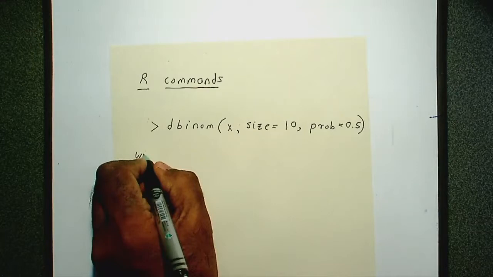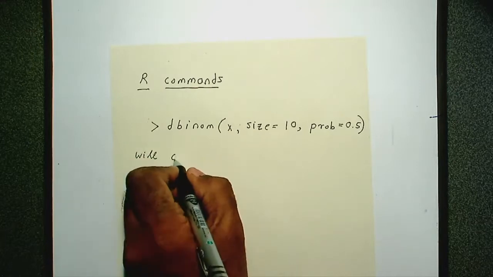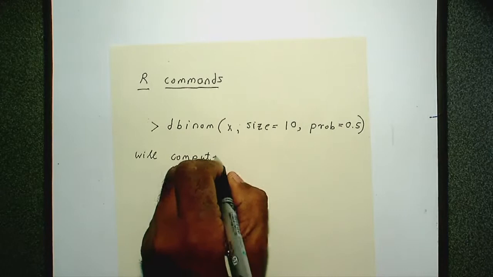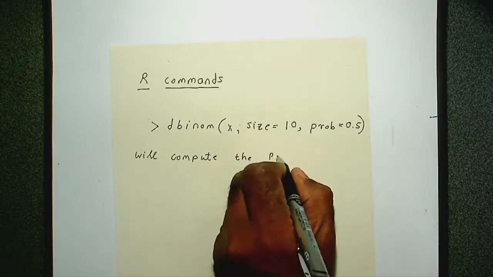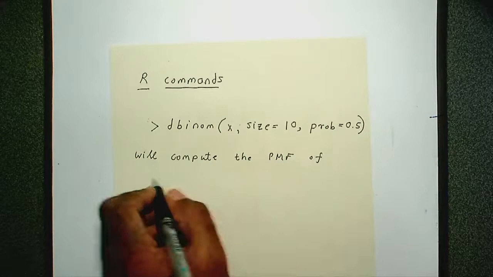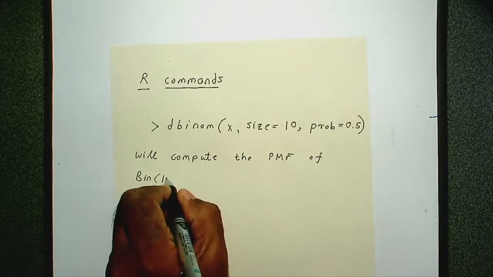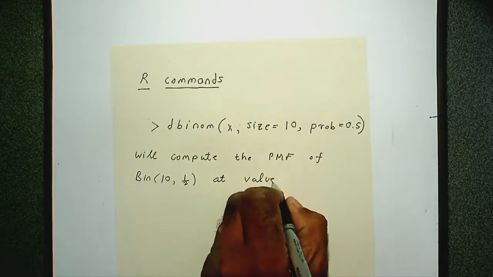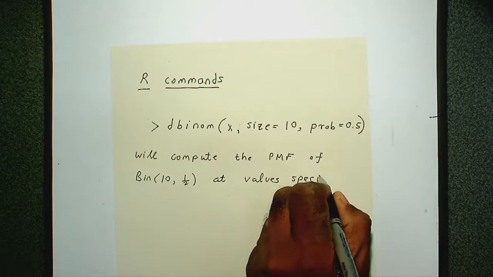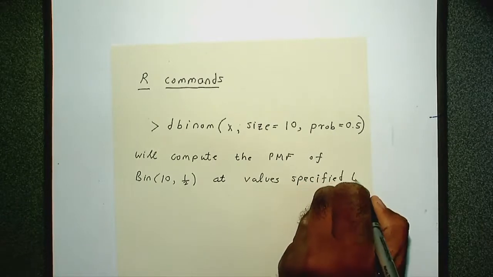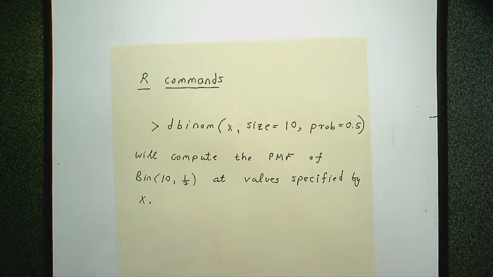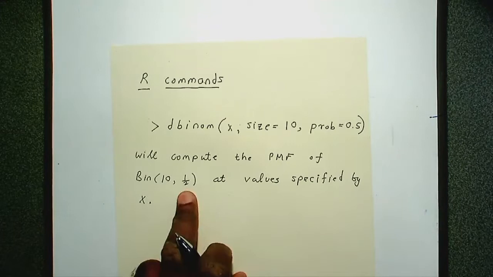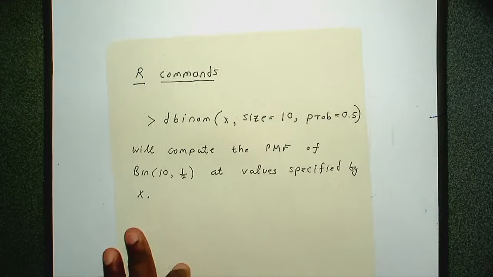It will compute the values of the PMF of this binomial variable with parameters 10 and half at the values specified by x, right?